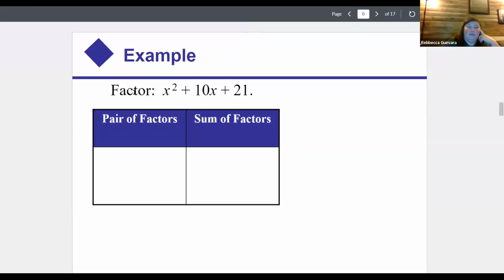So for example, we want to factor x squared plus 10x plus 21. What we want is a pair of factors of 21, and we want to make sure that the sum of the factors is 10. Basically we're looking for factors of c that give us the b in the center.